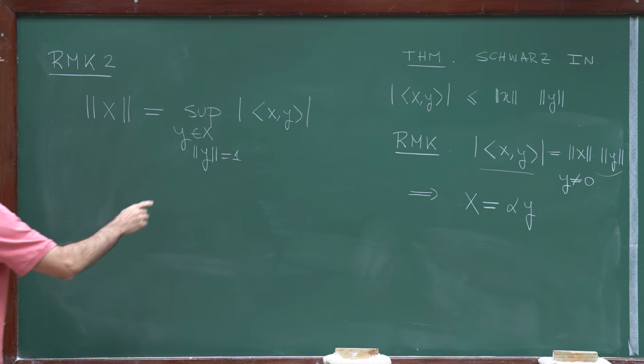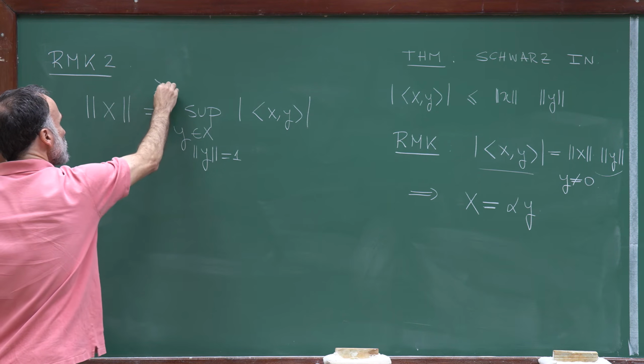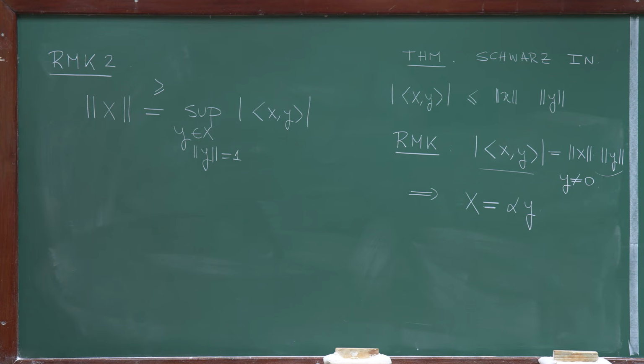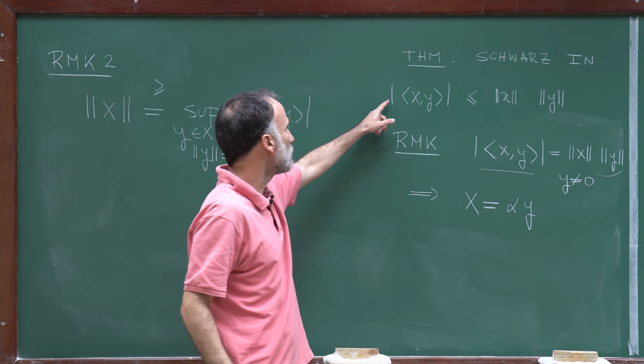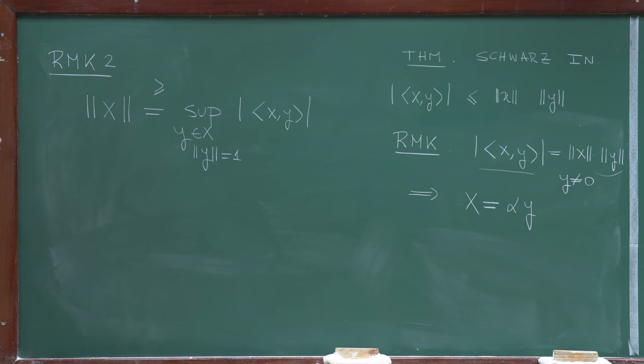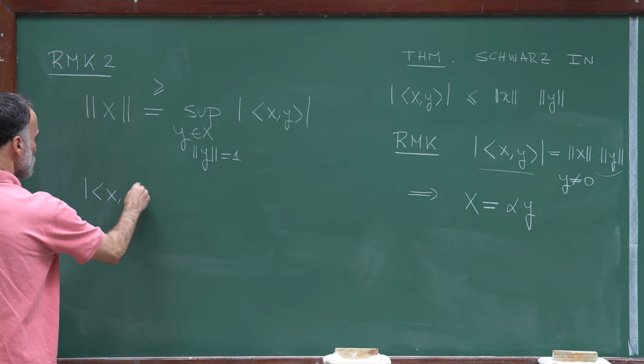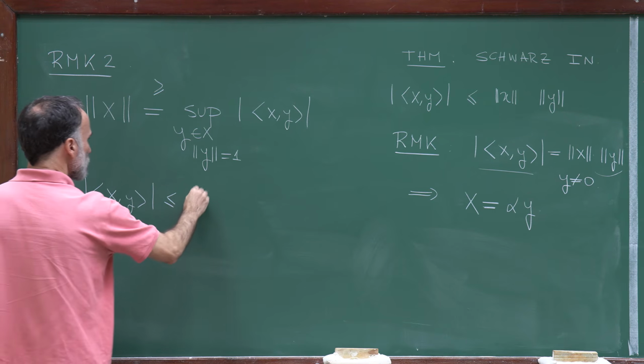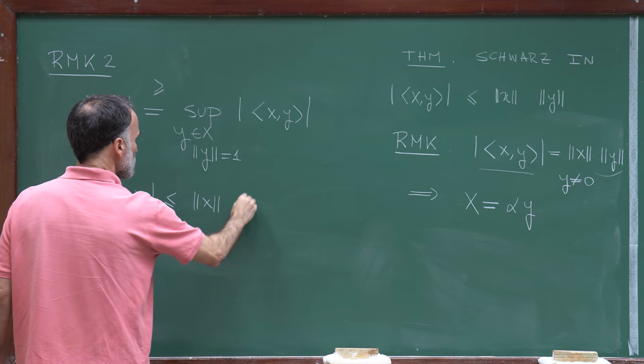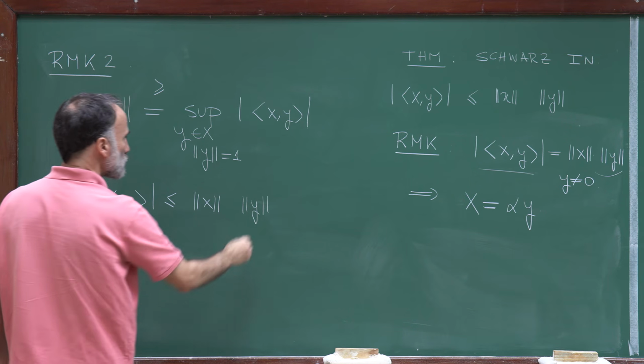So let's first prove that this supremum is less or equal than the norm of x, and this follows from the Schwarz inequality. So you have that the scalar product of x and y is bounded by the norm of x times the norm of y by Schwarz inequality.